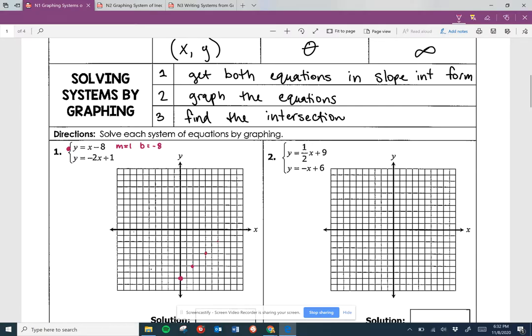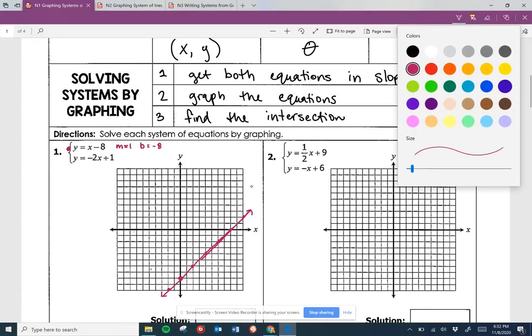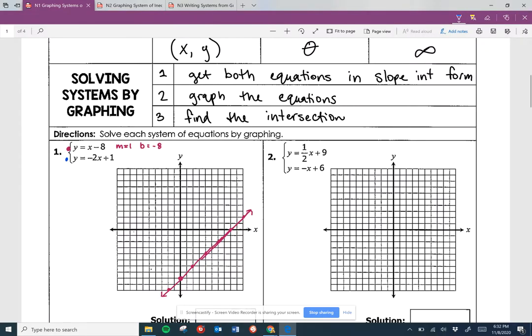Okay, now I'm going to go to my next line. I'm going to graph that one in, let's say, blue. This one has a slope of -2 and a b of +1. So I'm going to start my graph at +1, and then I'm going to go down 2, right 1 in order to finish out my line. It looks like this.